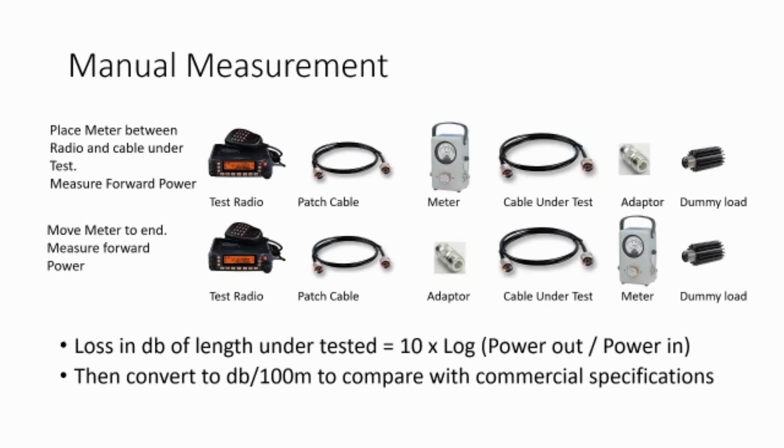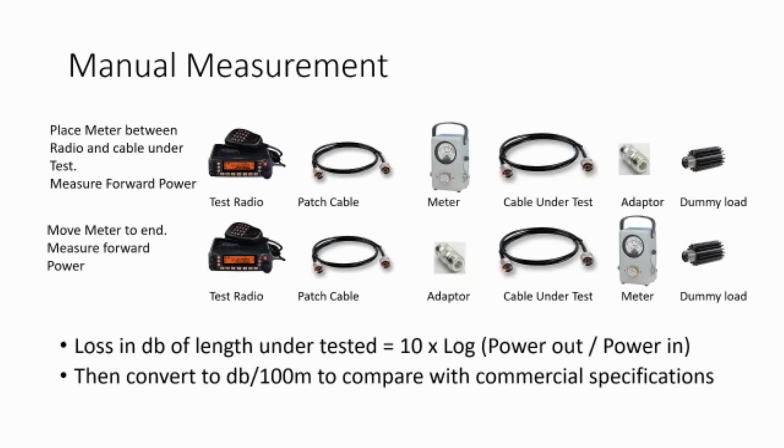You then swap the position of the meter. So you might have to take your adapter and put it between your patch cable and your cable under test. Put your meter at the far end with a dummy load connected into it, and you redo the test, and you note down the power output from the radio at the far end of the cable. Take a note of that. You then use this little formula, which will calculate your loss.